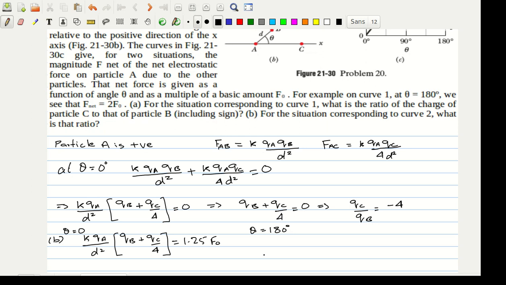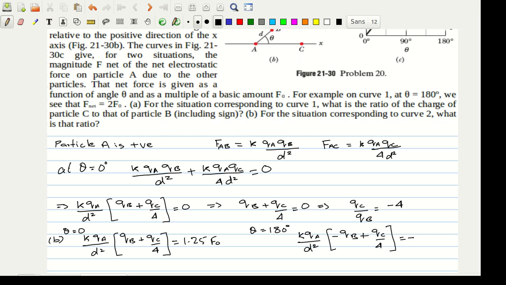So we can write that at theta equal to 180 degrees, the force would be simply k times qa over d square times (minus qb plus qc over 4), because now B is on the other end. And what is this value equal to?